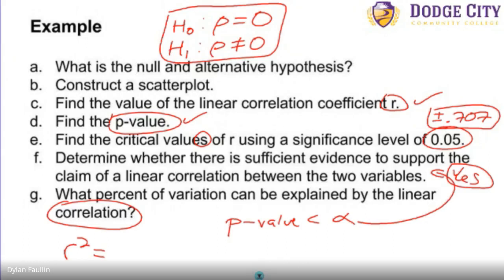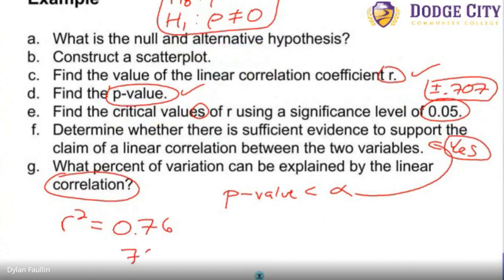So could you guys tell me what R squared was equal to from the LinRegTTest? 0.76. All right, so that'd be 76%. I don't know how far we should round it, but if it's 0.76, that's 76%. So 76% of the variation can be explained by the linear relationship.